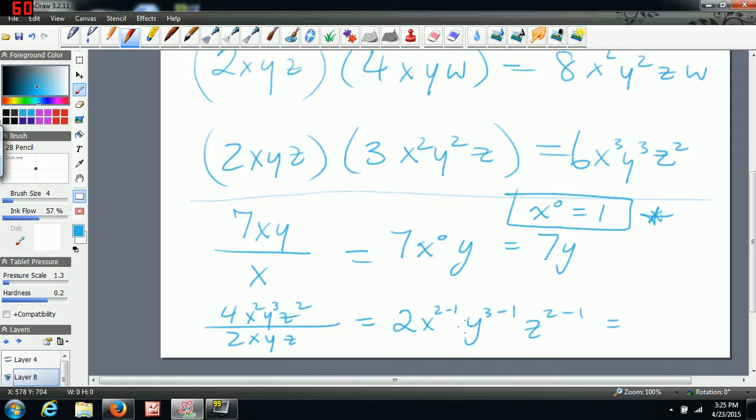That's not actually written. If it were 0 here, this wouldn't even be here because it would just be 1. So you always assume a 1 for each variable if nothing's written as its exponent. So this becomes 2x y squared, and z to the 1. That would be the answer if you had to simplify something like that.